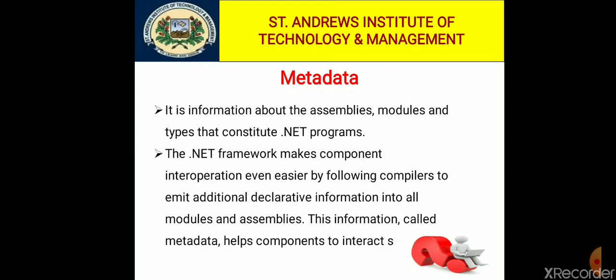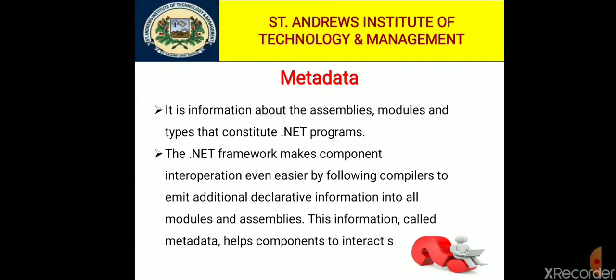It is also known as a self-contained type library, because metadata is a collection of information about assemblies, modules, all types of information, and in a library all information is available.